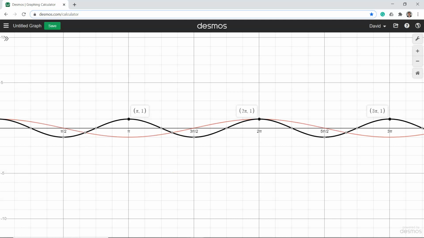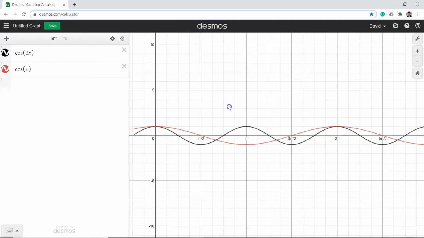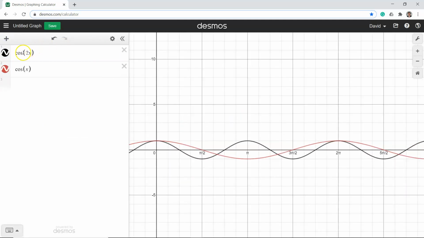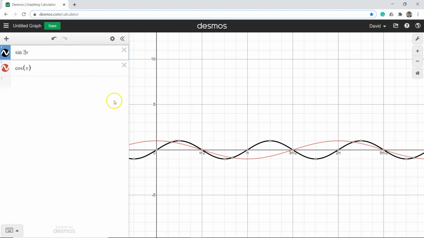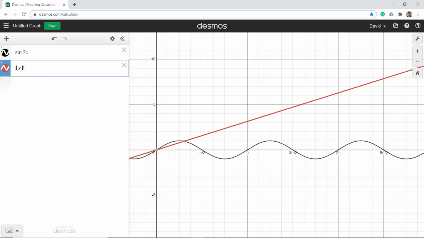Okay. So this is the same thing for sine. So sine of 2x and sine of x.